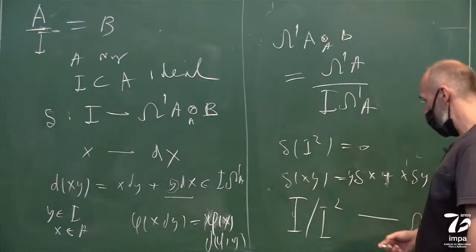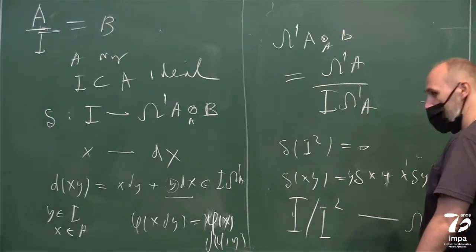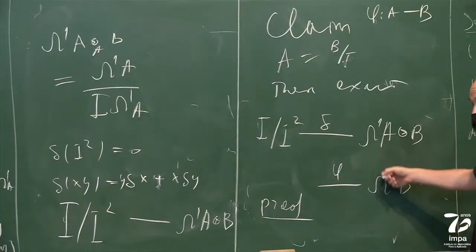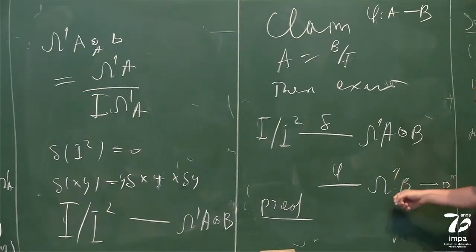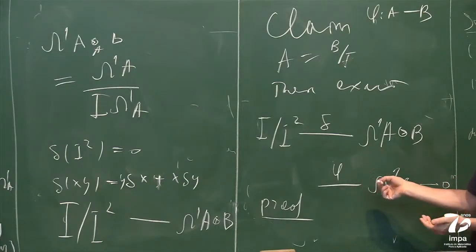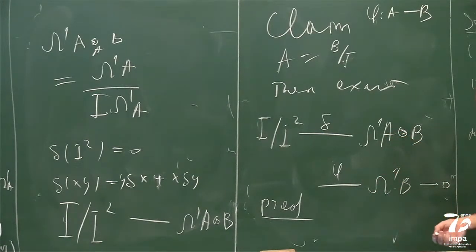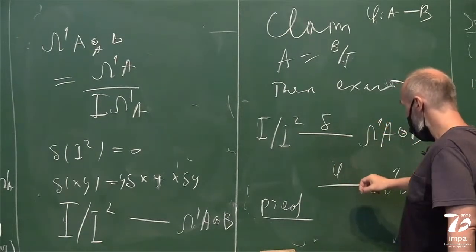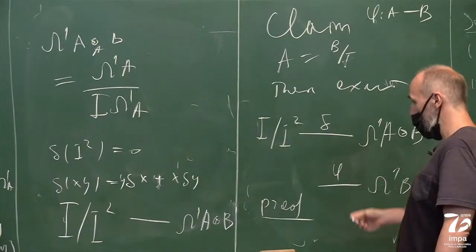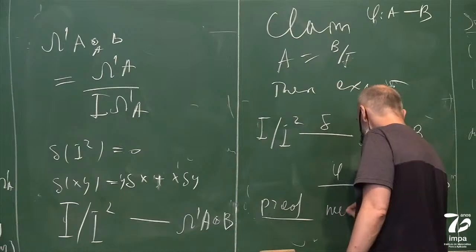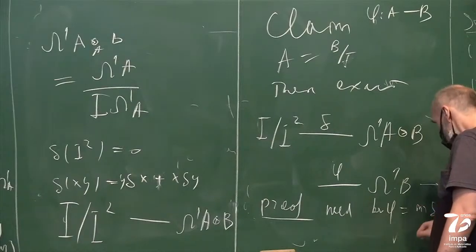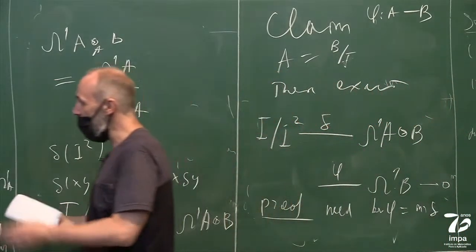And then if y was in I, then d phi of y is 0. So this is why the composition of these two maps is 0. And this is surjective by definition, because omega 1B is generated by elements fi dgi, and A to B goes surjectively, so this is clearly surjective. The only slightly non-trivial thing is that you need to check that the kernel of phi is equal to the image of delta. This is the only thing which could be considered slightly non-trivial.